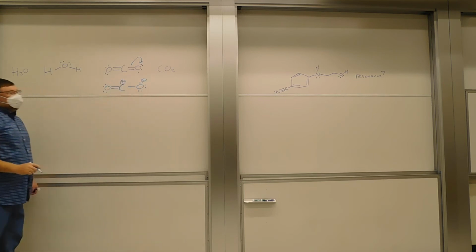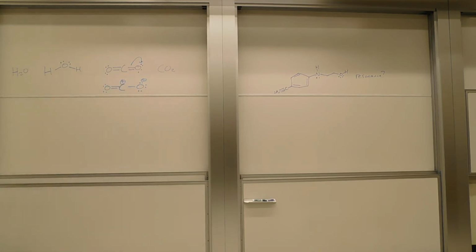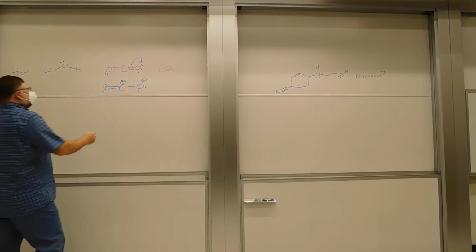If the carbon is neutral and I take 2 electrons away from it, it becomes positive. If the oxygen's neutral and I put 2 electrons on it, it's going to become negative. These are resonance structures.